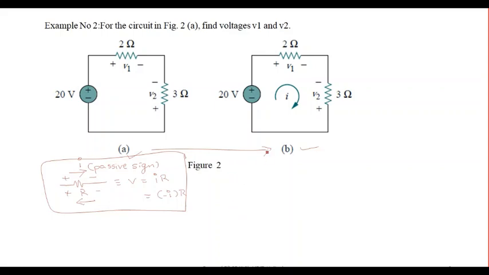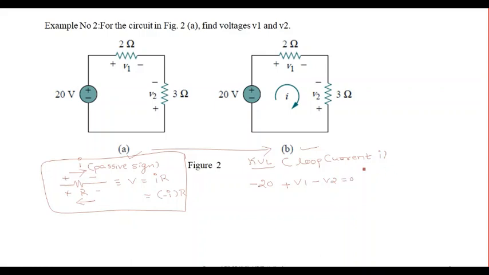If I apply KVL with respect to the loop current I, then what I will get is minus 20 plus V1 minus V2 equal to 0.